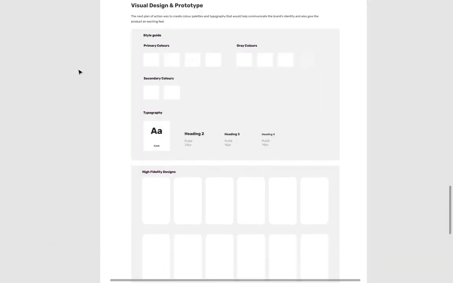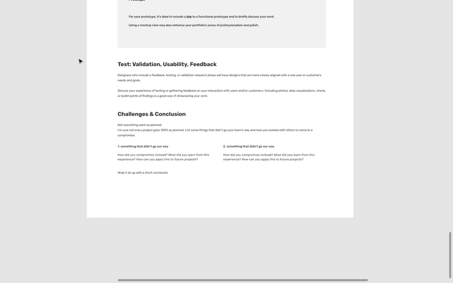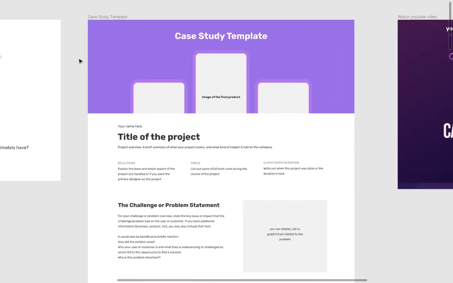As I said, it needs to have a beginning, middle, and an ending. It needs to be a story. You need to clearly state your process, the problem, the process, the solution. This template serves as a guide for you. You can follow this template in creating your case study, but I would love to see the case study you are going to create at the end of watching this session.